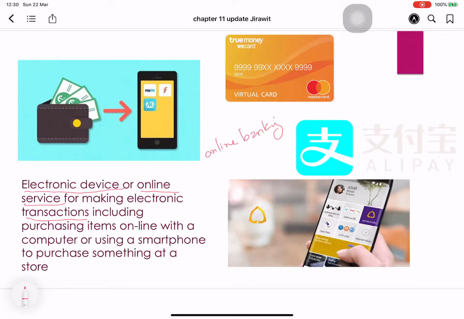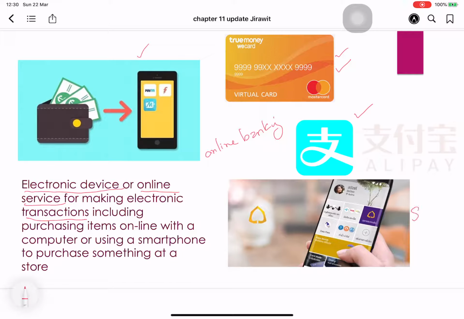All of you are familiar with Alipay, right? Or you pay via a transaction, using a credit card or any service from a bank or other companies that gives you a card to deposit your money inside, and then you spend your money from the card.